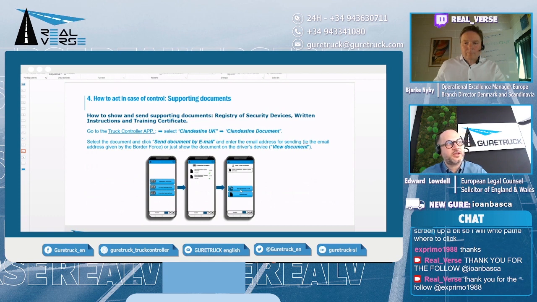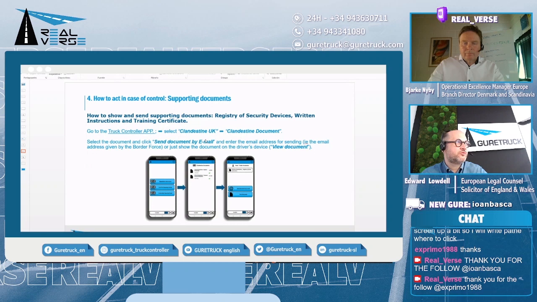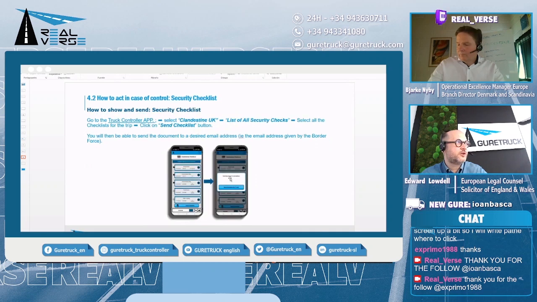So here, in case of roadside control, we have two options. You can either view the document and give your mobile device to roadside enforcement, or we can send it to a nominated email address, whichever they would prefer. So that's how we show supporting documents on the roadside.